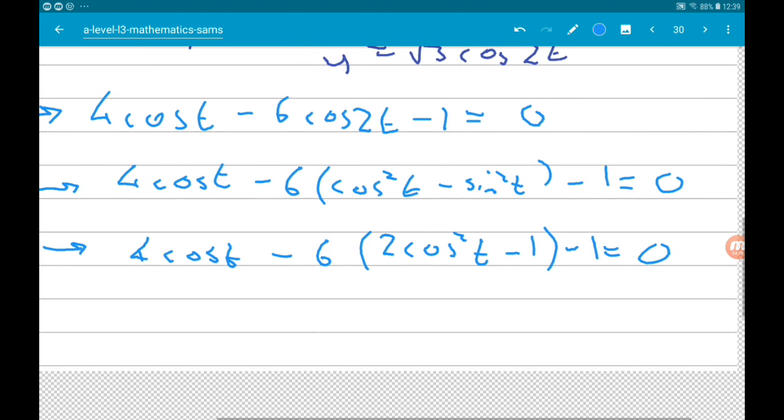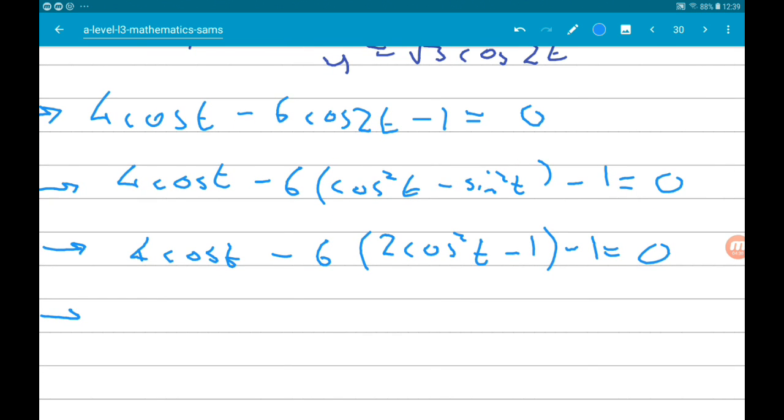So now we have 4 cos t minus 12 cos squared of t add 6 minus 1, so that's add 5, is equal to 0.